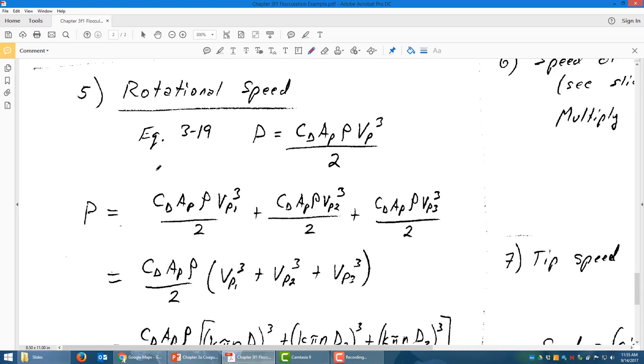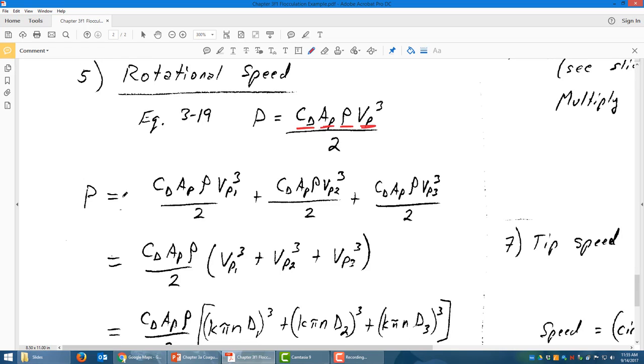There we did use an empirical equation, but here it's more of a fluid dynamics equation where power is the coefficient of drag times the area of the paddle times the density of water times the velocity of the paddle cubed, divided by 2.